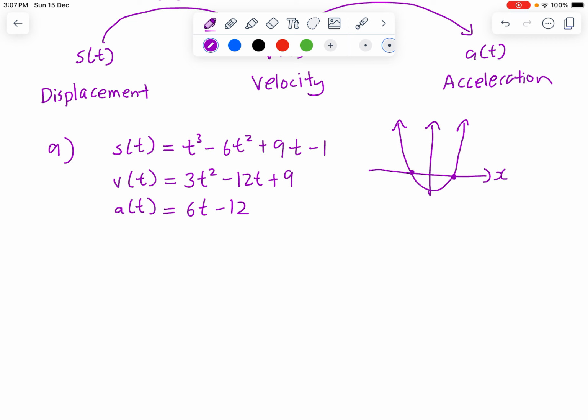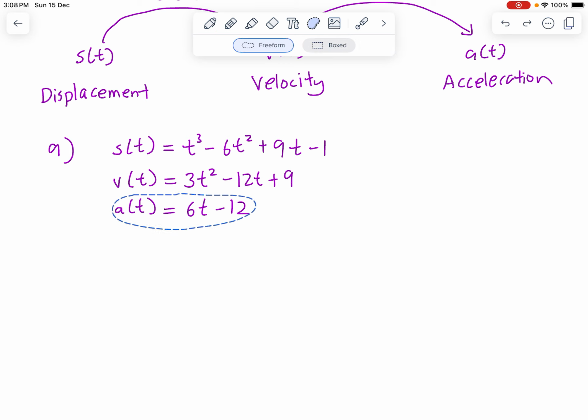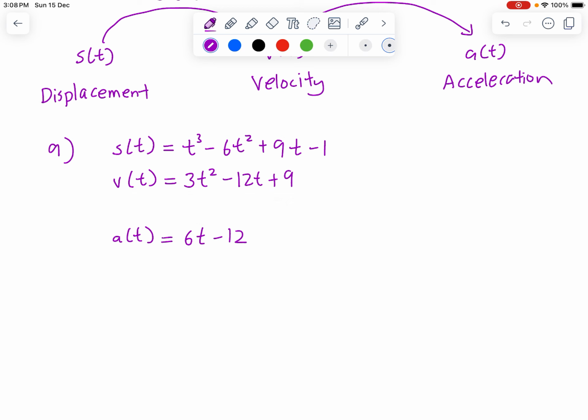We do that by finding where the roots are. It is positive when it's above the roots, and negative when it's below the roots. So when we do sign diagrams, we always want to find the zeros so that we know when it is positive and when it is negative.